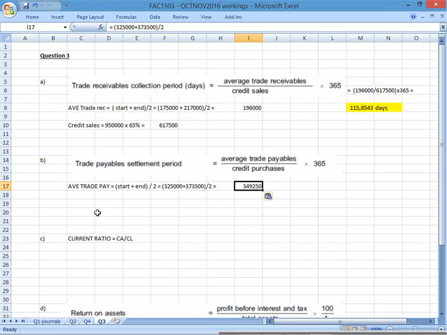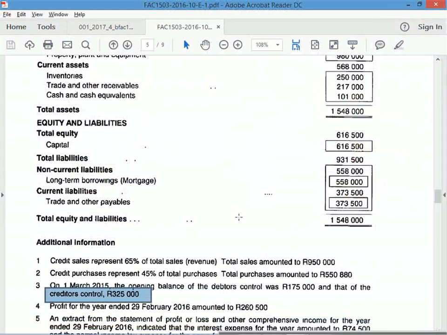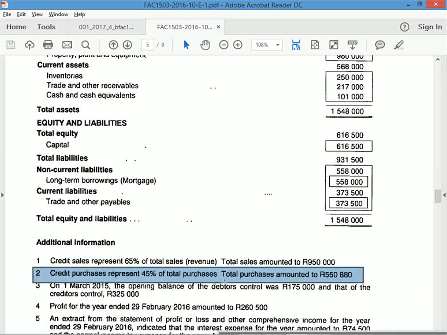that amount. Okay, then I need my credit purchases. Tell me how I'm going to get that. Good. Okay, 45% of total purchases are credit purchases.